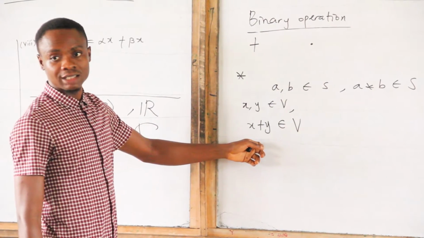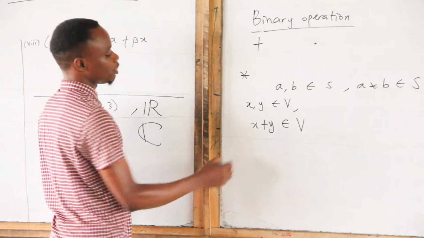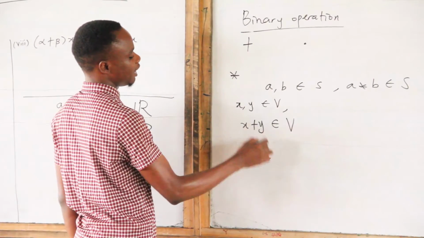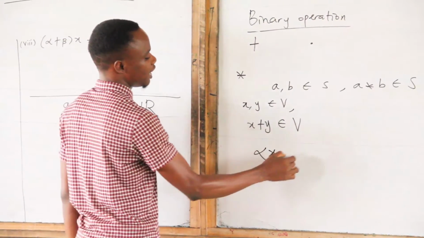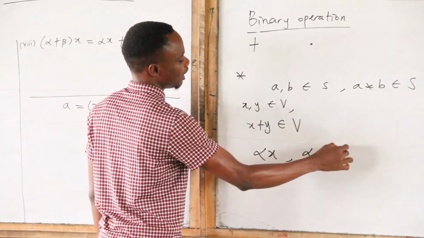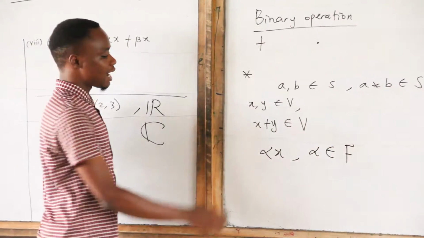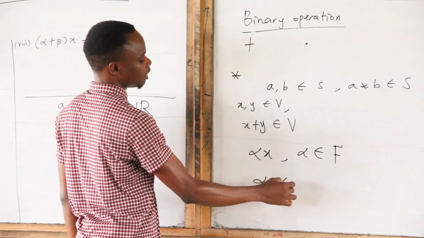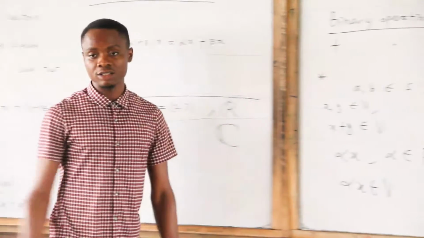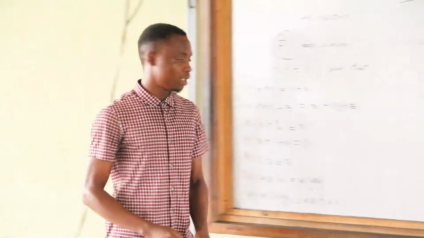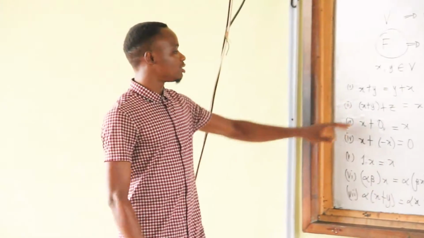It also means that if I multiply x by alpha, where alpha is a scalar in my desired field, then alpha x should also be an element of the vector space. So these are implications of it.